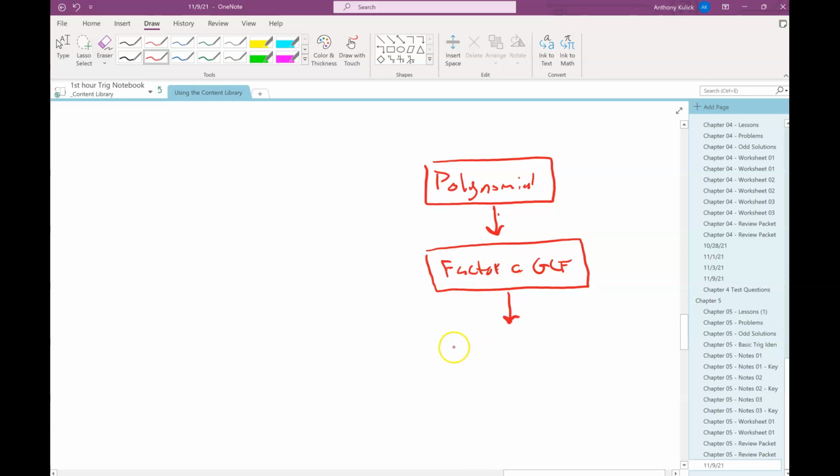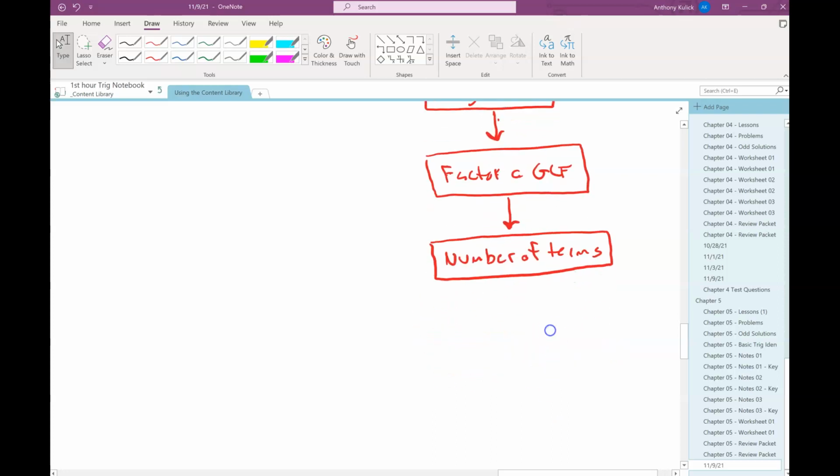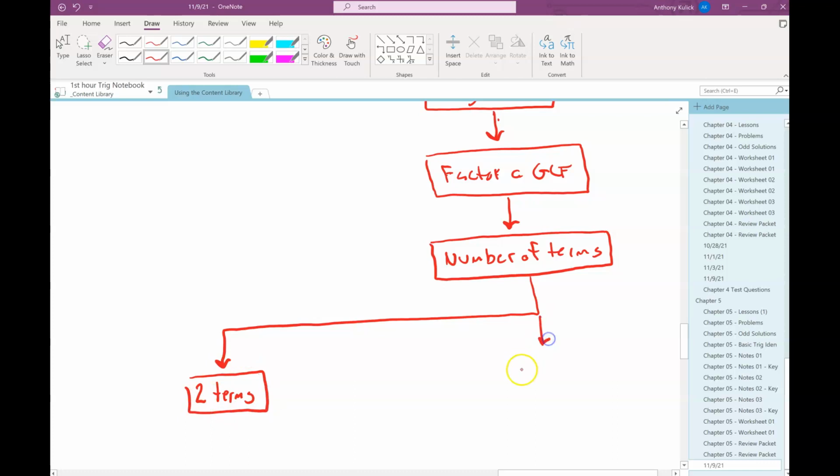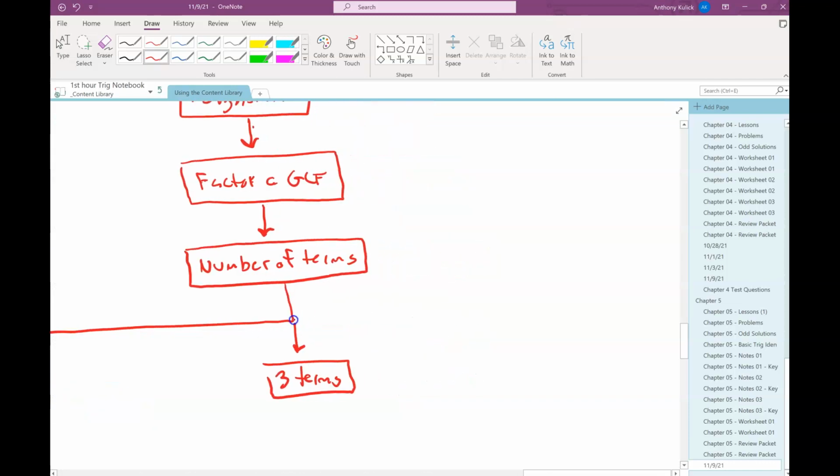Then we look at the number of terms. And in our case, we saw 3 situations. Things where we can have 2 terms, where we have 3 terms, and we can have 4 terms.